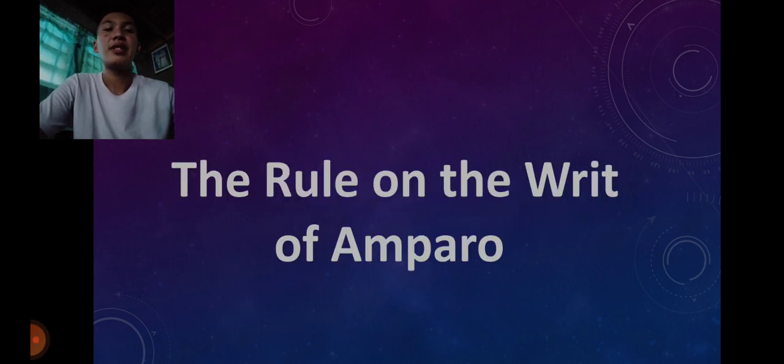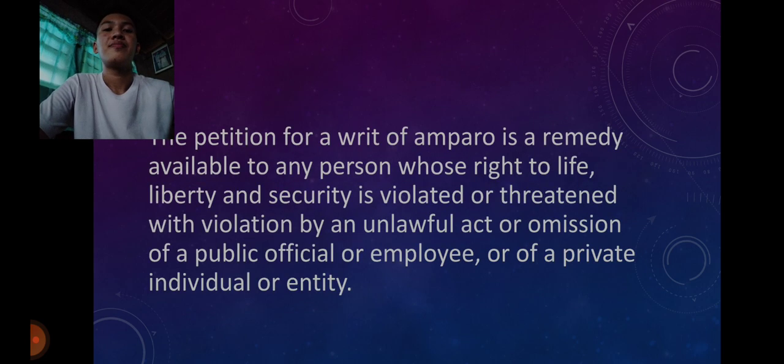The last topic is the rule on the writ of amparo. The petition for a writ of amparo is a remedy available to any person whose right to life, liberty, and security is violated or threatened with violation by an unlawful act or omission of a public official or employee or of a private individual or entity.